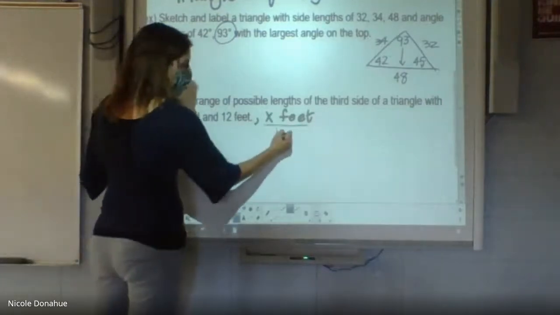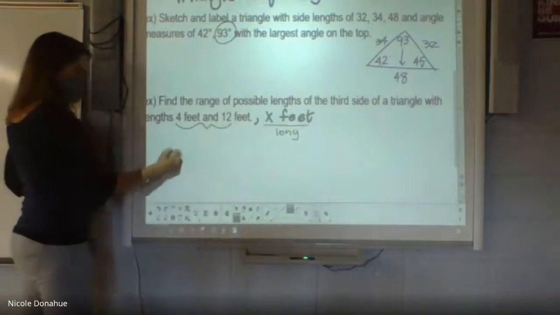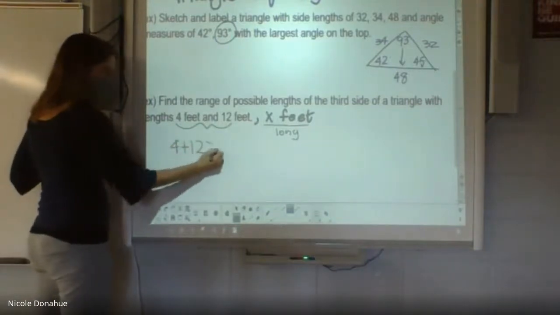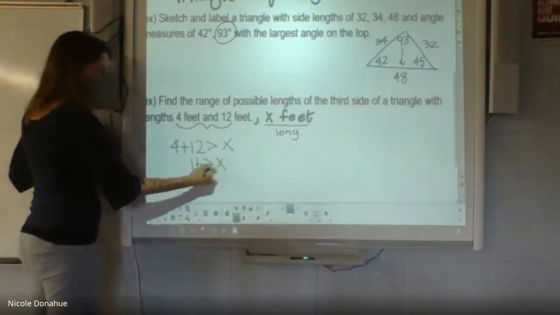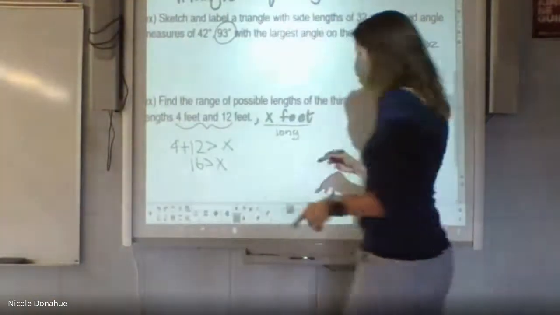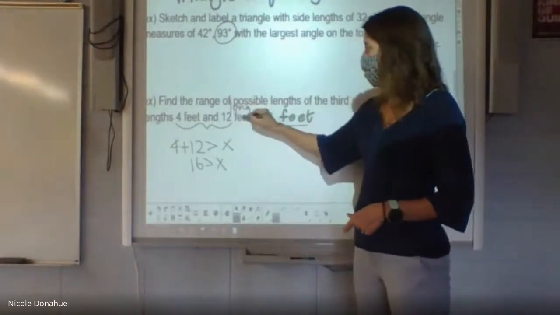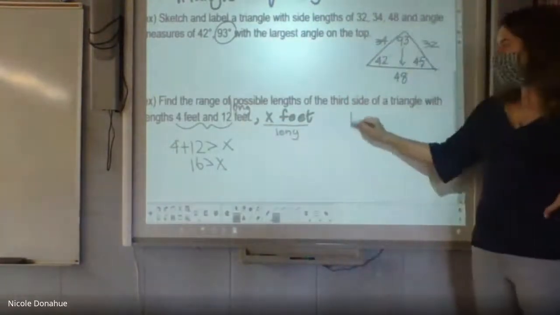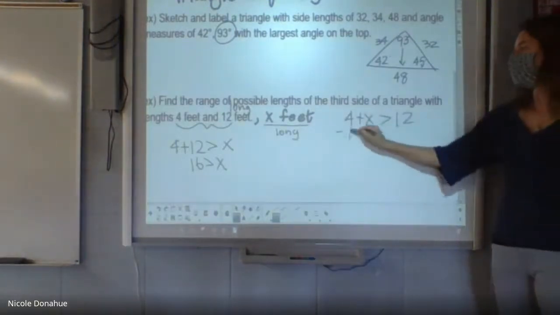So let's say this is long. These two would then have to be the shortest side. So 4 and 12 would have to be greater than x. So 16 would have to be greater than x. So x has to be smaller than 16. But also there's a possibility that 12 is the longest side. So what if 4 plus x has to be greater than 12?